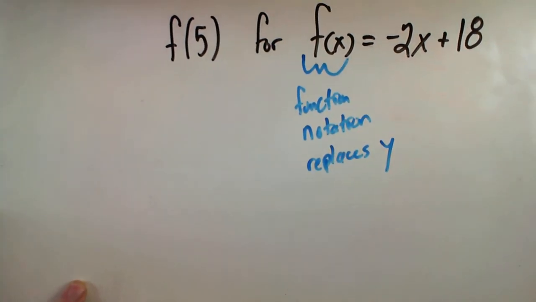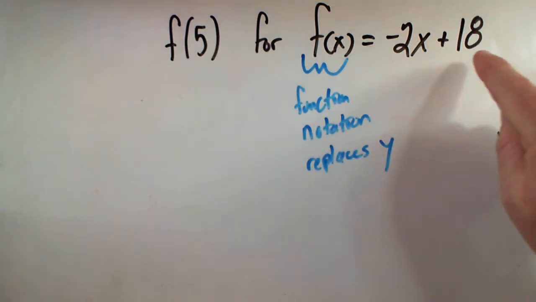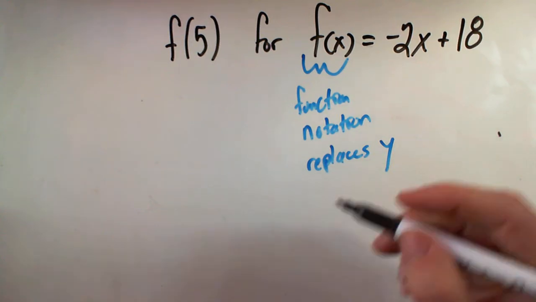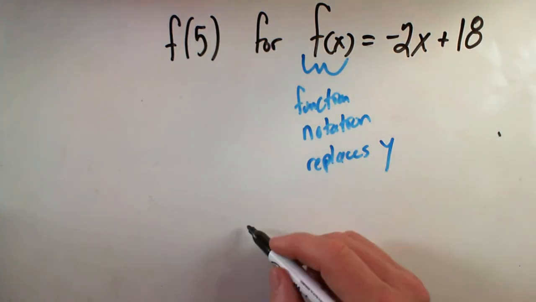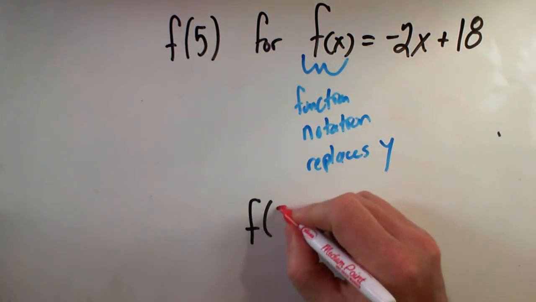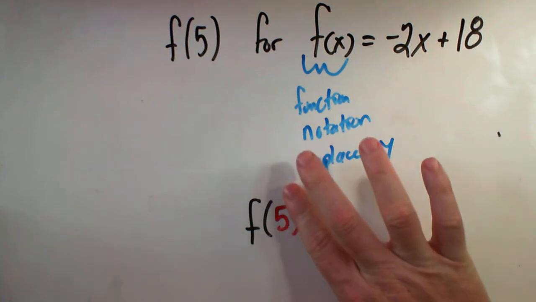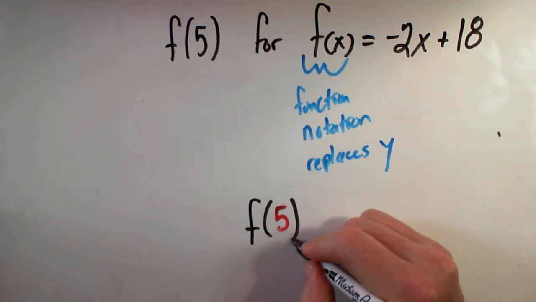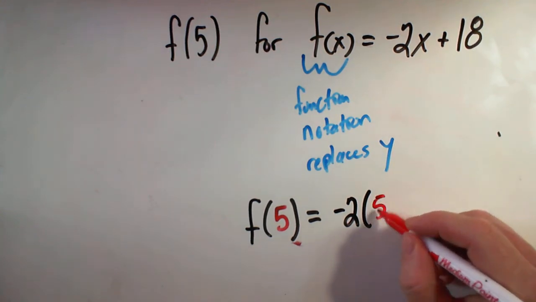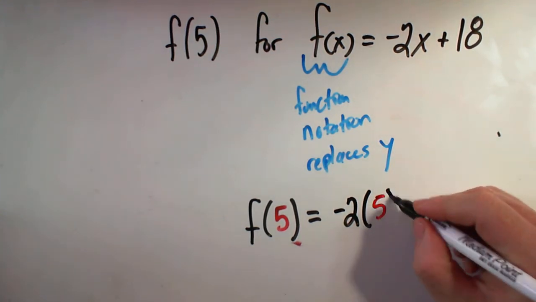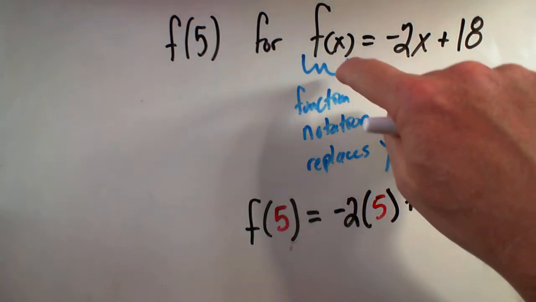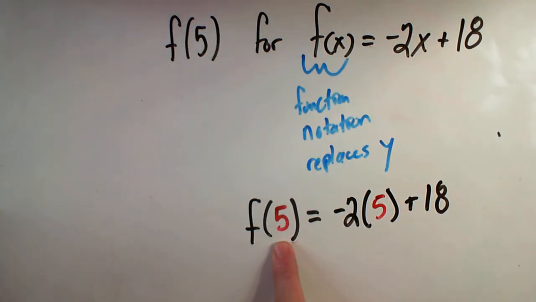So if we had that function, and we only use this if it's a function, we take f of x equals -2x plus 18. So f of 5 equals -2 times 5 plus 18.